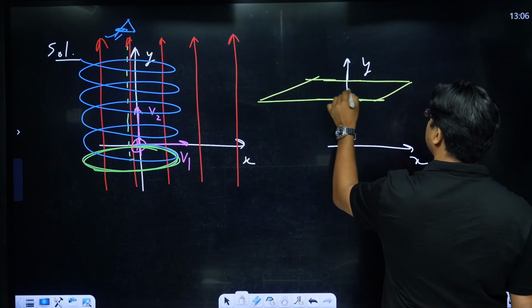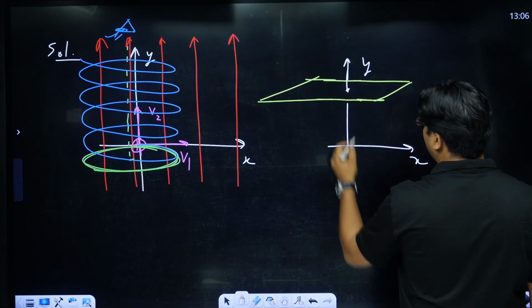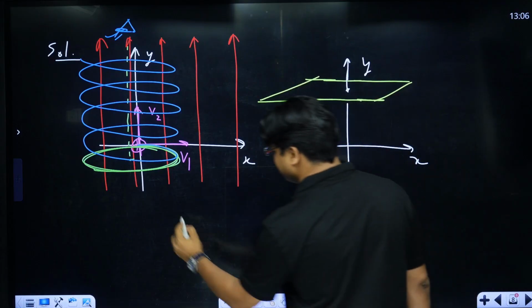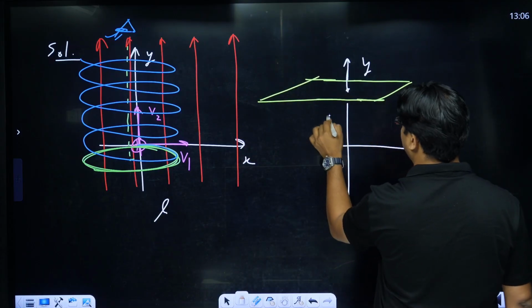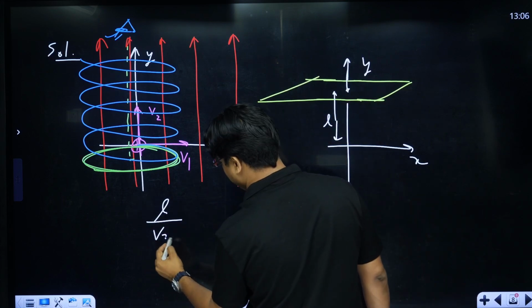See, this point is 0, 0, 0, and this is 0, L, 0. So the time that this particle takes to reach this plane is very simple. This distance will be L, so L by v2 is the time.